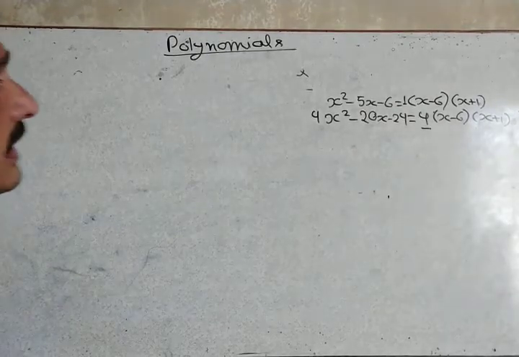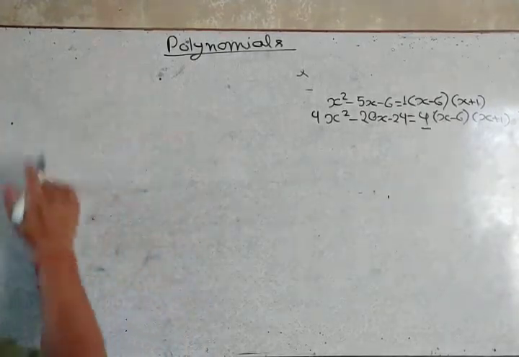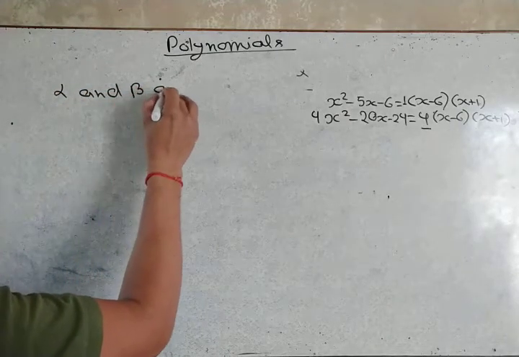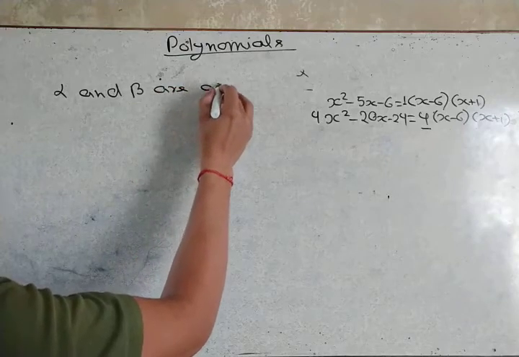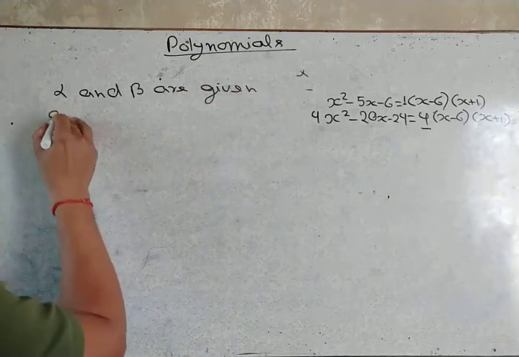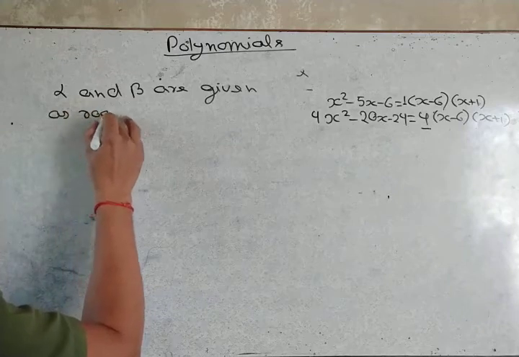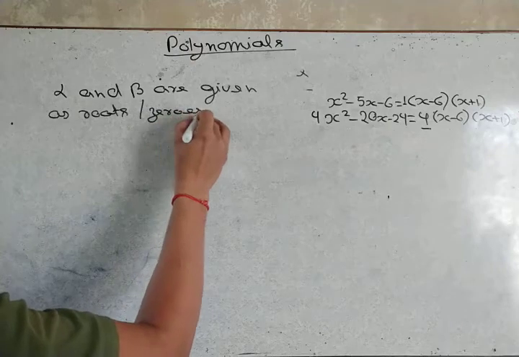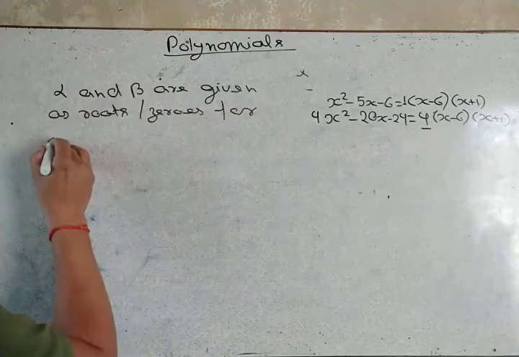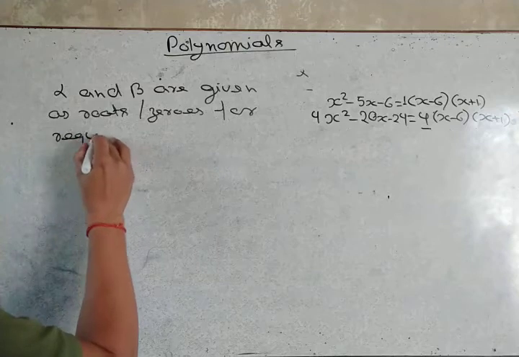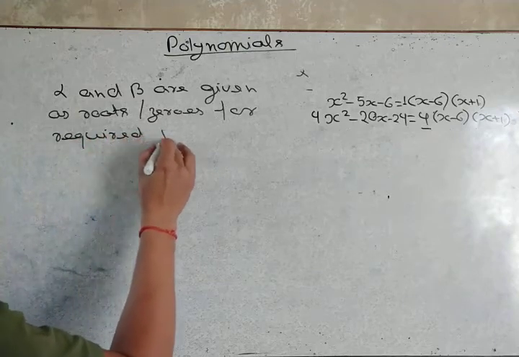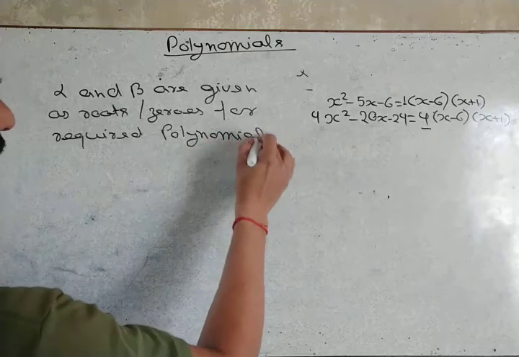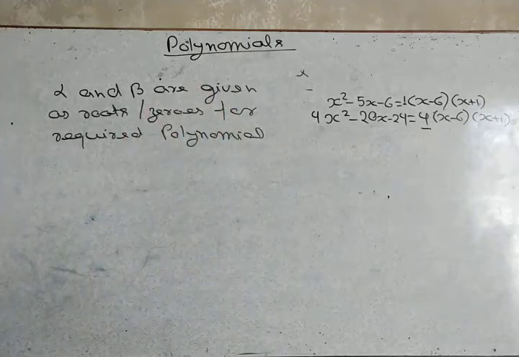So if alpha and beta are given as roots or zeros for any required polynomial, how can we find out that polynomial?